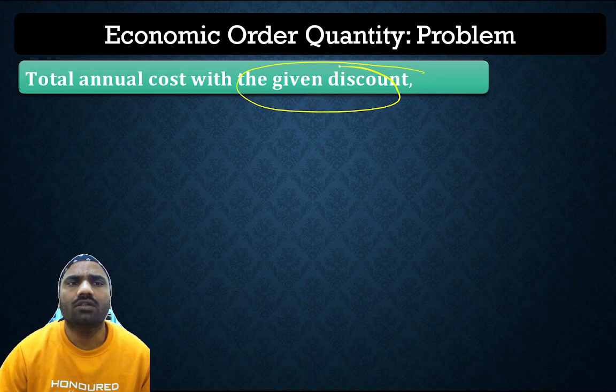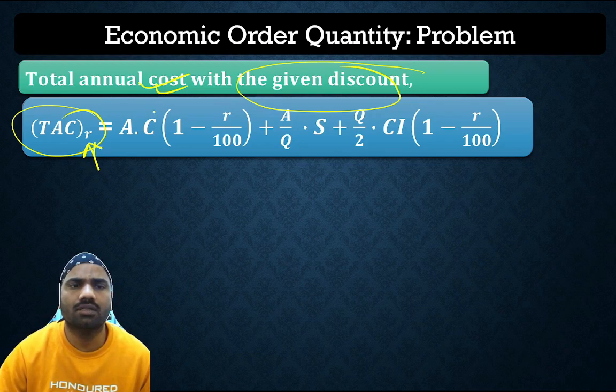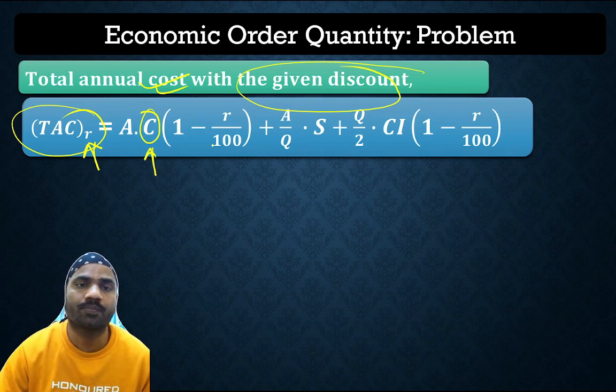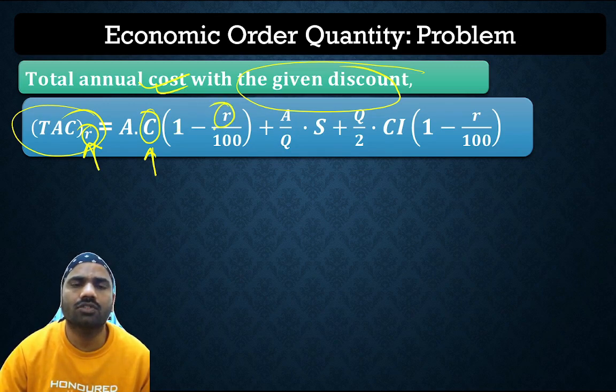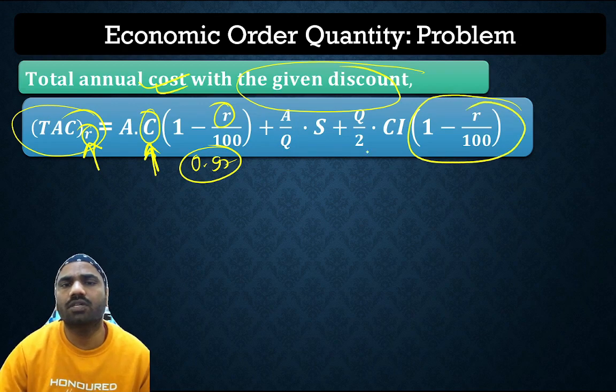We will find the total annual cost after the discount by placing C with a multiplier of 0.97. Here the value of R is 3%, so 1 minus 0.03 is 0.97, that is 97% of C. So wherever the C term appears, we will place this discount term.